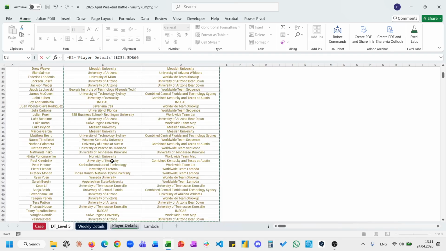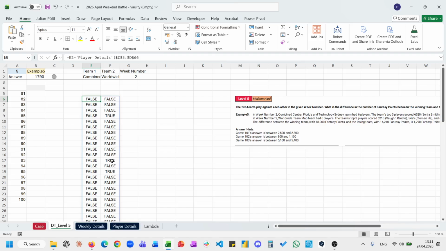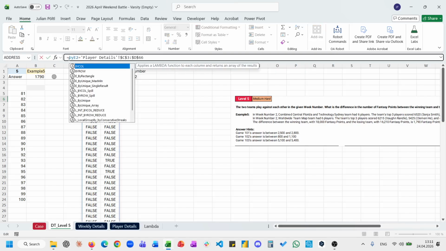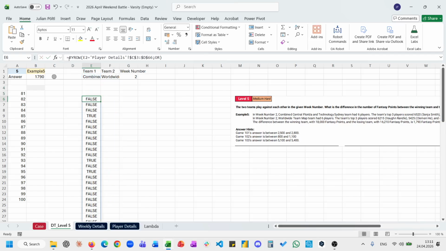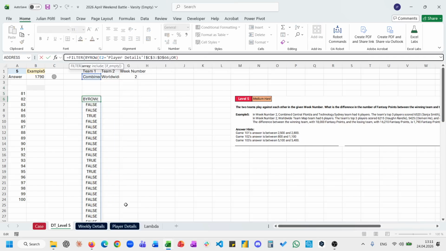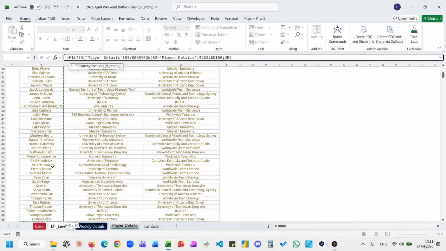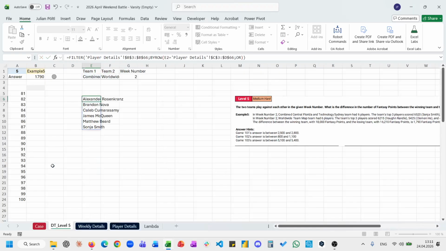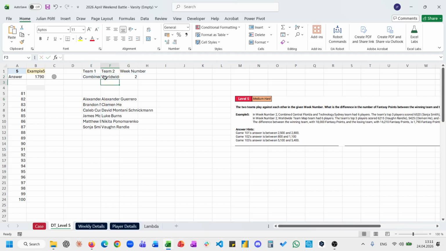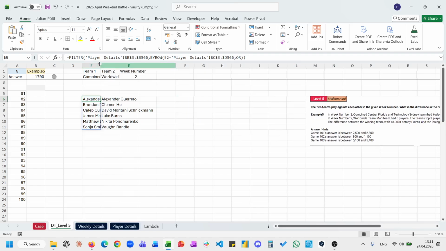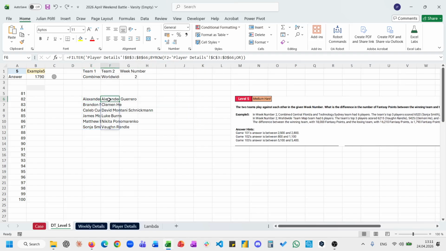Okay, let's first find out which players are where by row 4. Then filter player names and then do the same for the other. Actually, no, you cannot. In this case, they are not on the same team.